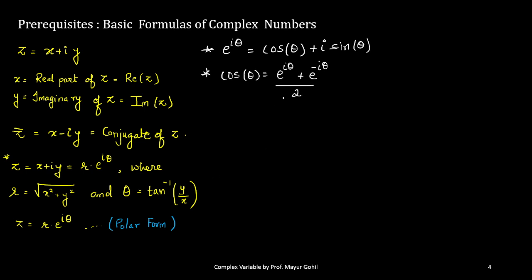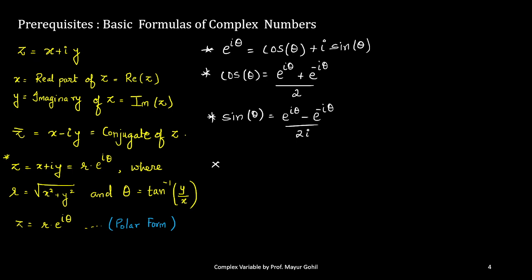And there is another important formula, sin theta can be written as e to the power i theta minus e to the power minus i theta upon 2i. This is the only difference between the two formulas. These are basic complex number formulas that we need to know to solve the further portions that we will come across in complex variable. So these are very important.